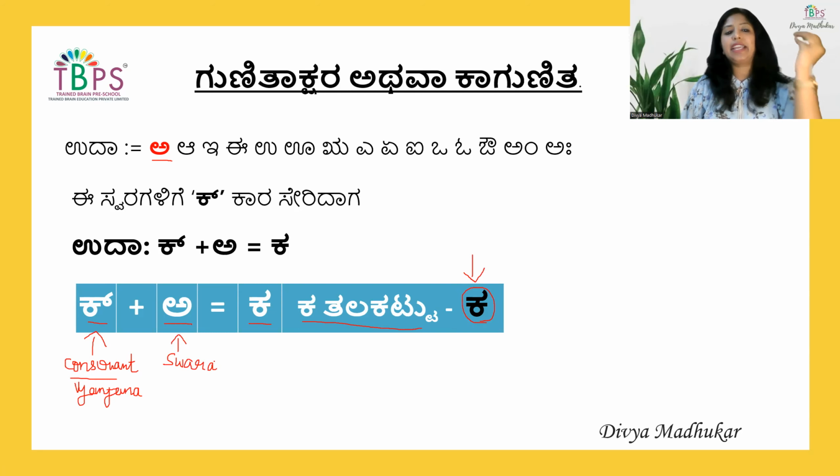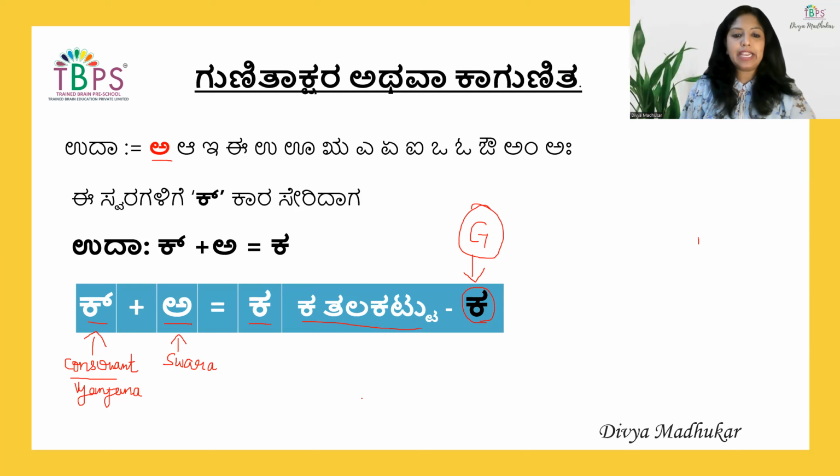ವ್ಯಂಜನಕ್ಕೆ ಸ್ವರ ಸೇರಿದಾಗ ಆಗುವಂತಹ ಅಕ್ಷರಕ್ಕೆ ನಾವು ಗುಣಿತಾಕ್ಷರ ಅಂತ ಕರೀತೀವಿ. So this letter is your Gunithakshara. How do you read it, children? Ka talakattu ka. And what is the writing notation? How do you write ka talakattu? You write ka like this, put a line, and this top line is called the talakattu.